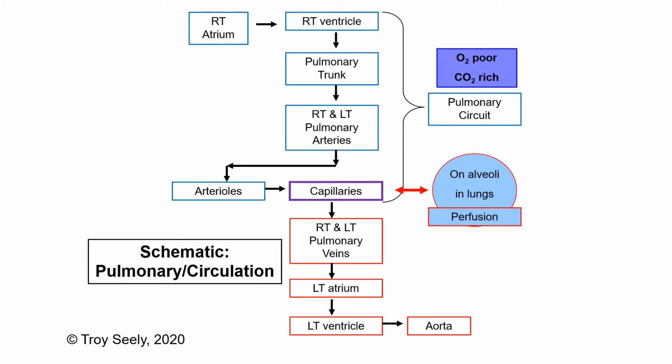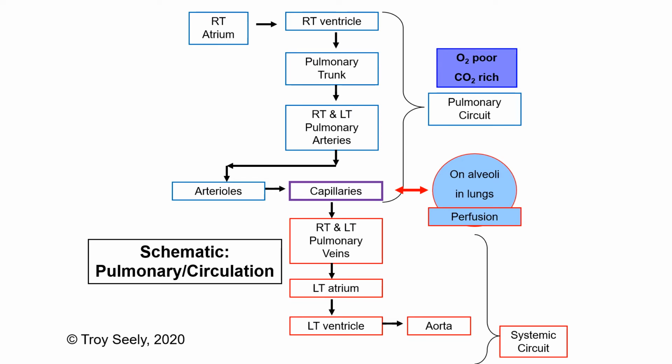So we're basically going from a circuit that is low in oxygen but high in carbon dioxide, so O2 poor, CO2 rich, to what's known as the systemic circuit, and that's on the lower half of the screen, where once you have oxygenated blood, it will then go on to your right and left pulmonary veins, the left atrium, ventricle, and finally to the aorta, just like we discussed.